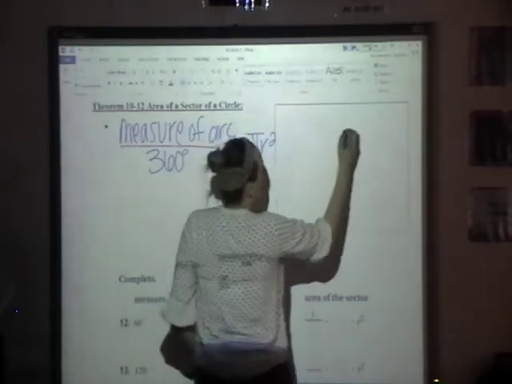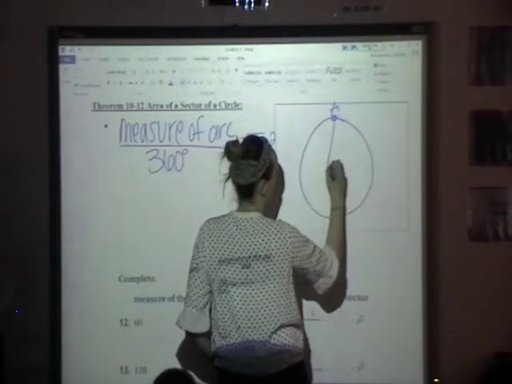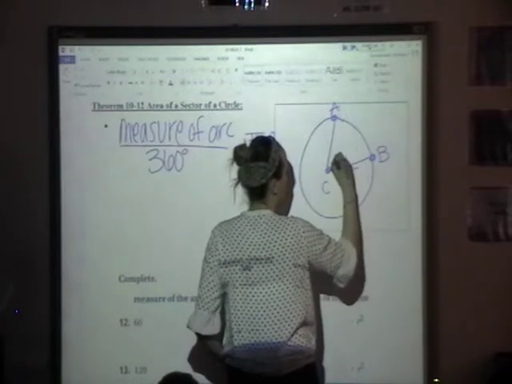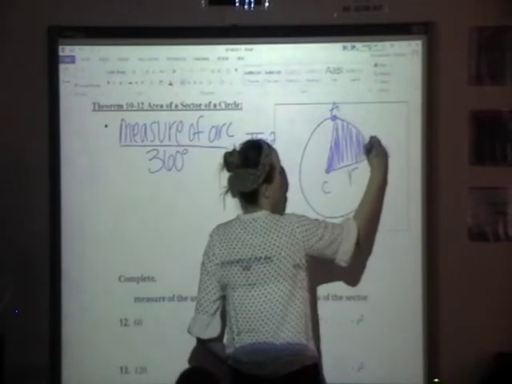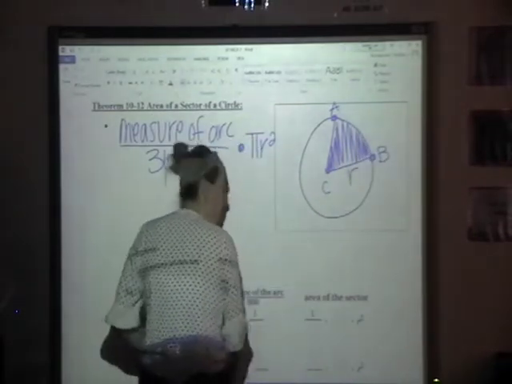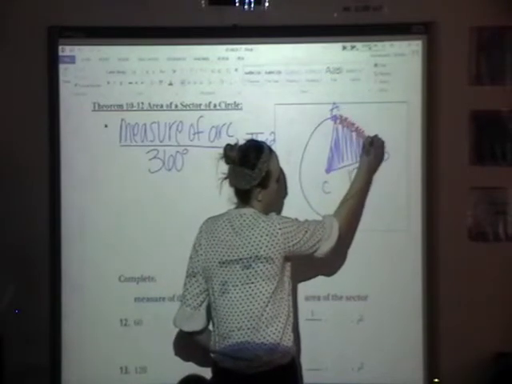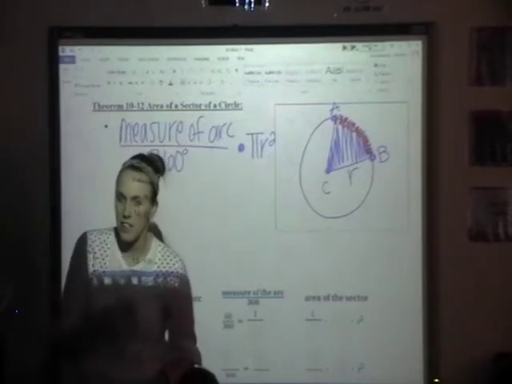What this looks like is if I gave you A, here's the center, here's B. If I give you the radius and I wanted to find the area of just this portion, we would need to know the radius, plus we would need to know the arc that I truly did cover, and we can then find the area of that portion specifically.